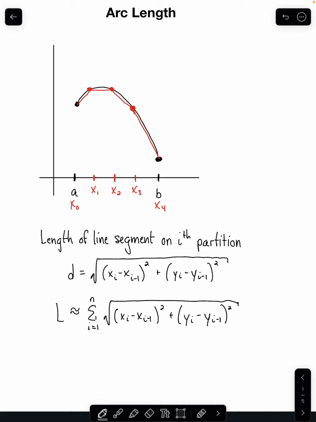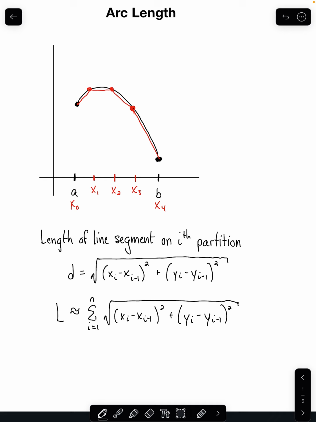But before we do that, we're missing one very important piece here. In defining the Riemann sum for area, whether it was area underneath a single curve or area between two curves, or in defining the disk or washer or shells when we did volume, every one of those formulas naturally had a delta x in it to account for the width of the partition.